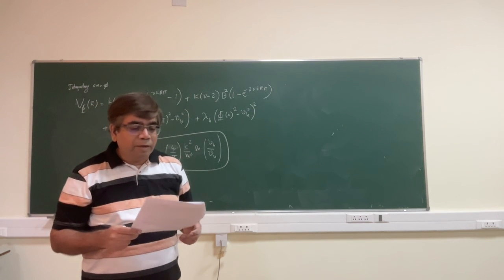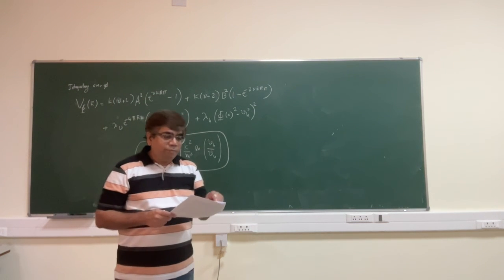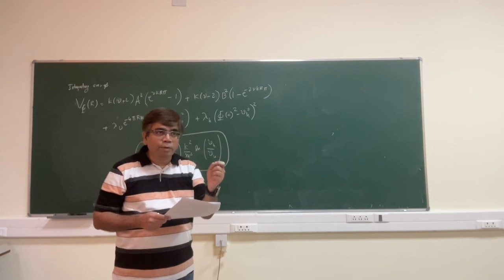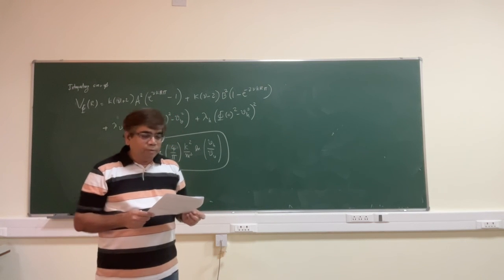The minimum R value is determined in terms of the interaction strengths and the constants you put in at the boundaries, V_V and V_H.